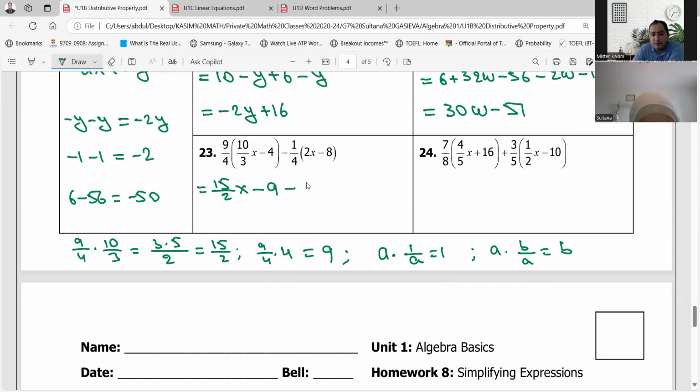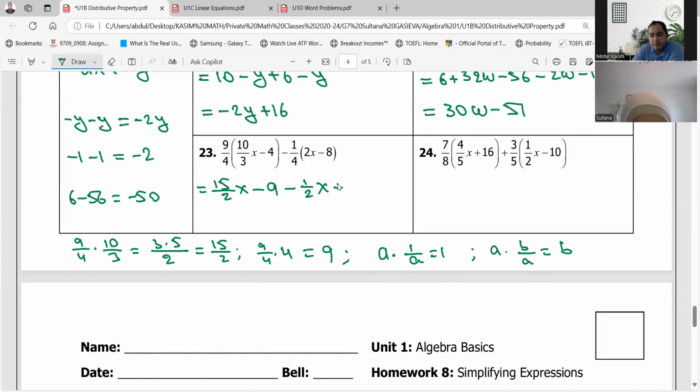Just 1 over 2x. And what is negative 1 over 4 times negative 8?